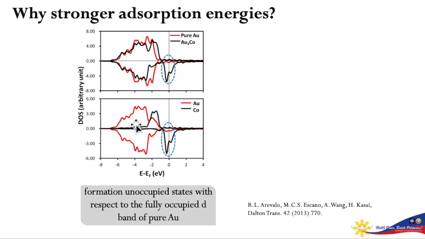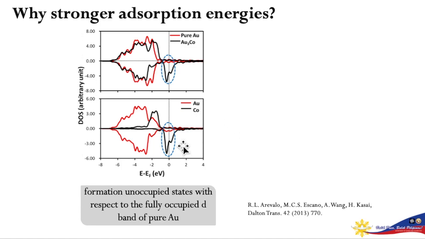In this particular figure, I show the local density of states of gold-cobalt alloy projected on gold atom as well as cobalt atom on the surface. We can see from this figure that the low energy region is due mainly to the D-band of gold, while the high energy region is attributed mainly to the D states of cobalt.